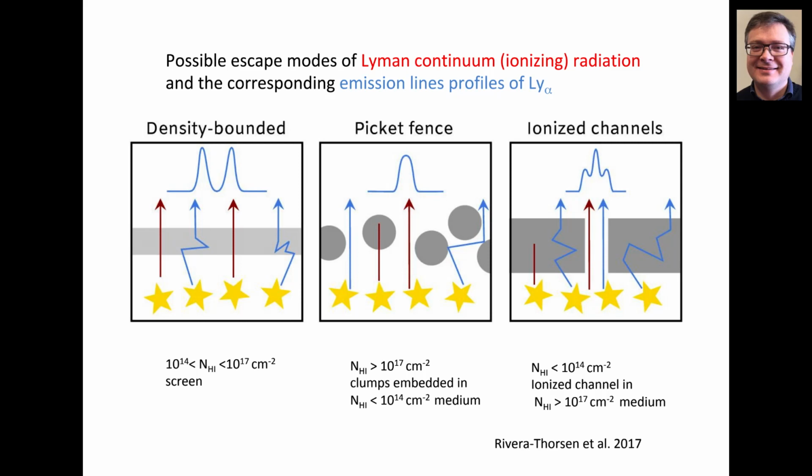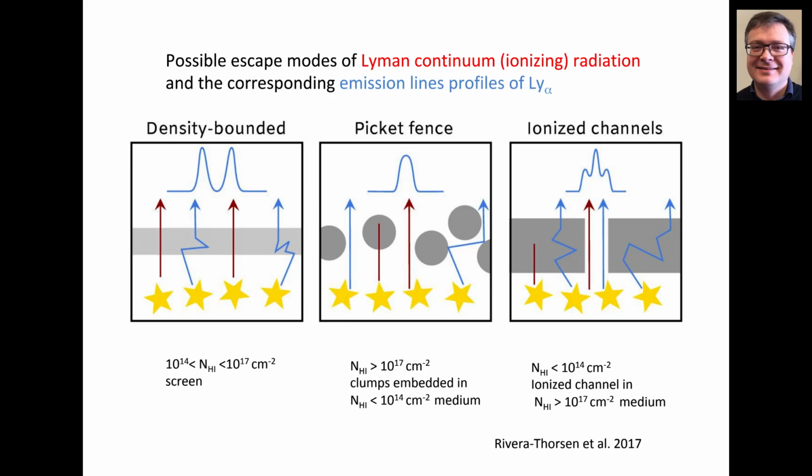Whereas you have other scenarios. Like this, for instance, if you have an ionized channel, you see this triple peak structure here. So you have the red and the blue peak from here, and then you have a central peak of Lyman alpha radiation escaping directly through a channel.